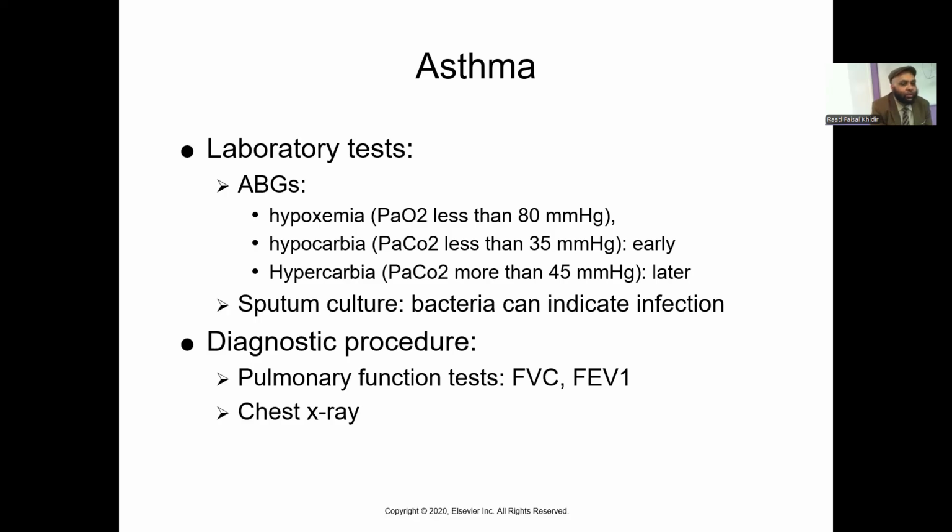Hypocarbia is when the partial pressure is less than 35 millimeters of mercury. Hypoxemia is when the oxygen saturation is less than 80 millimeters of mercury. That's hypoxemia. Sputum culture is when the bacteria can indicate the infection.